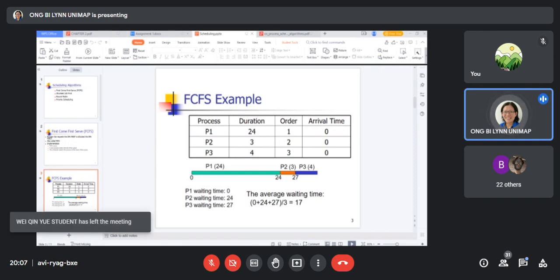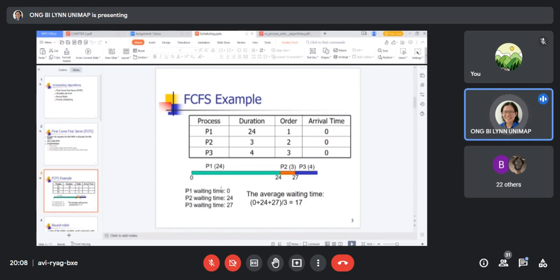So after 27, 4 units will be equal to berapa? 31. So 0, 24, 27, 31. All right.